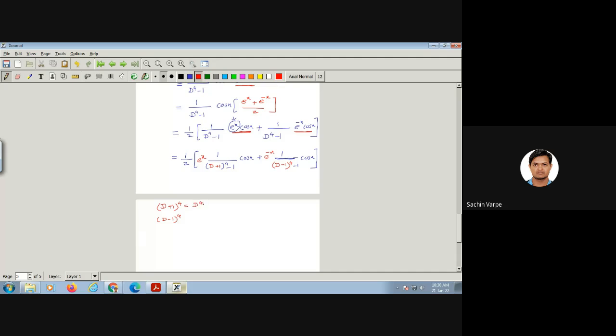We start with the highest power of D, and for plus, all terms are positive; for minus, alternate plus and minus. So plus 4D cube plus 6D square plus 4D plus 1. And the same terms with alternate plus minus signs: D raised to 4 minus 4D cube plus 6D square minus 4D plus 1. These are the expansions. We need to substitute these expansions here.